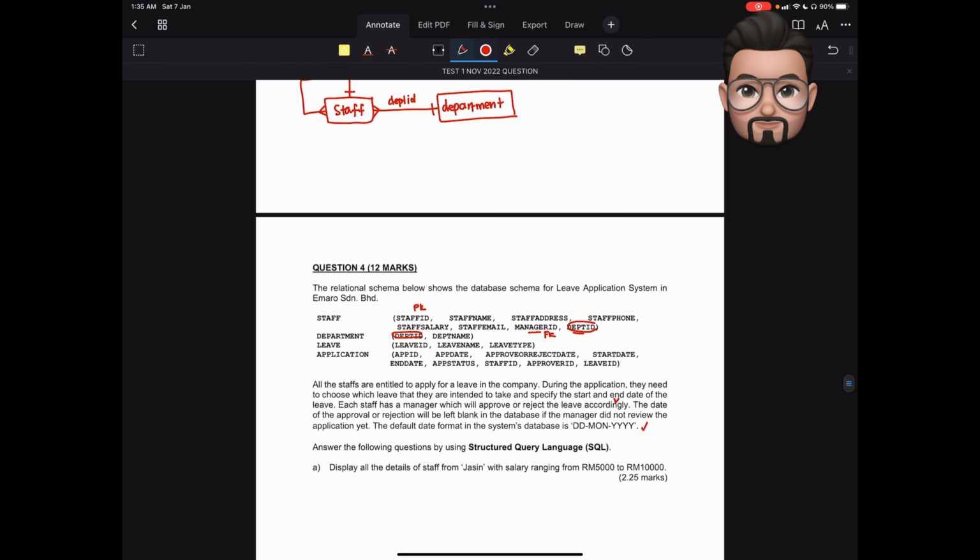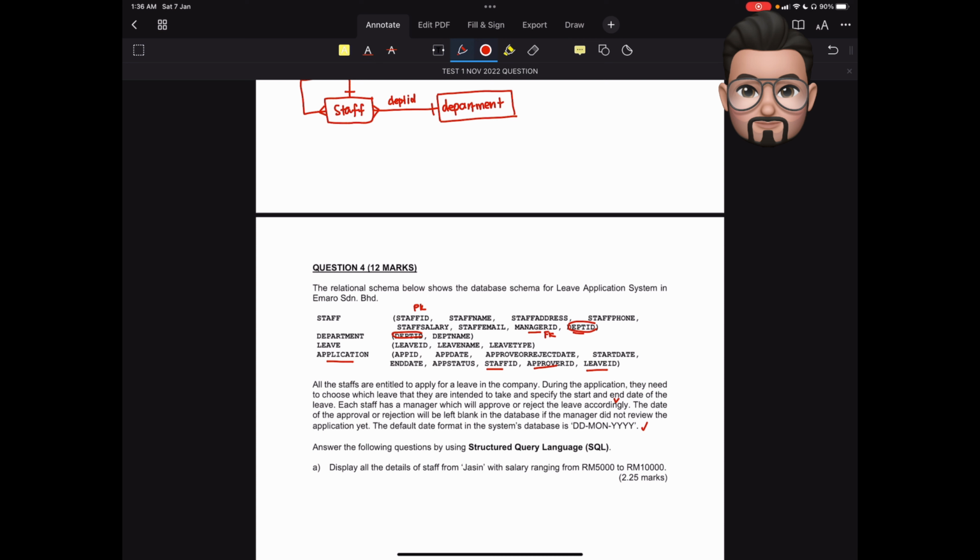Then we have another one, leave. But take a look at application first, since application is the bridge. In application, they have staff ID, approval ID, and leave ID.